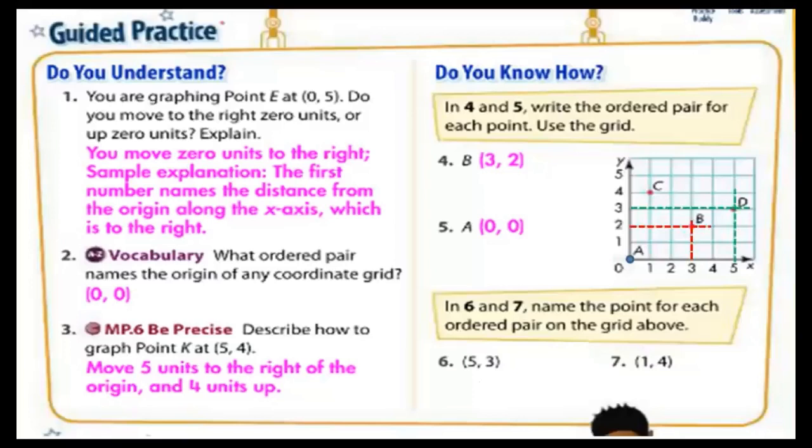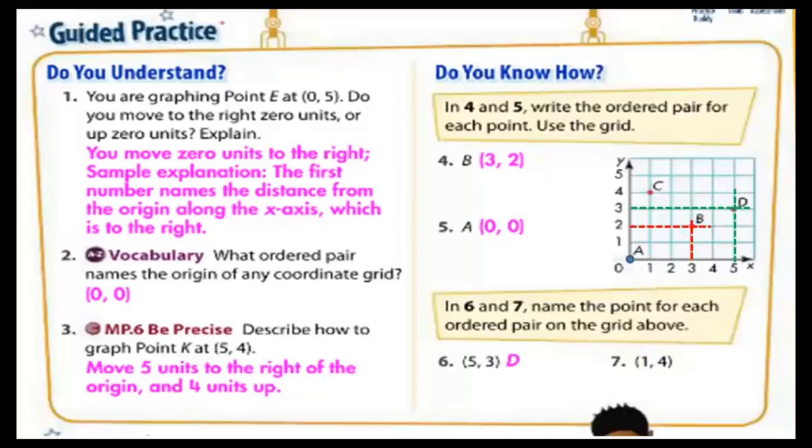So the intersection point, you are going to write D as the answer. The correct answer here is D. So the ordered pair 5 and 3 equals the point D.